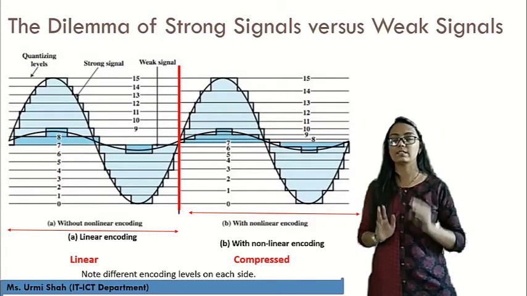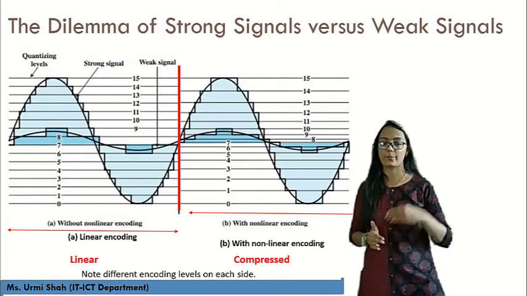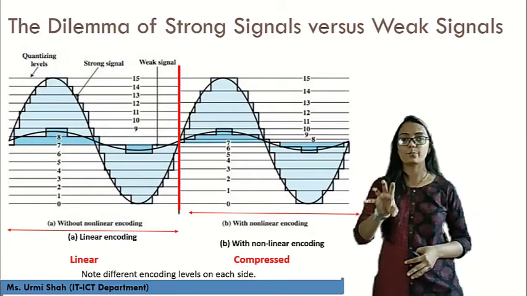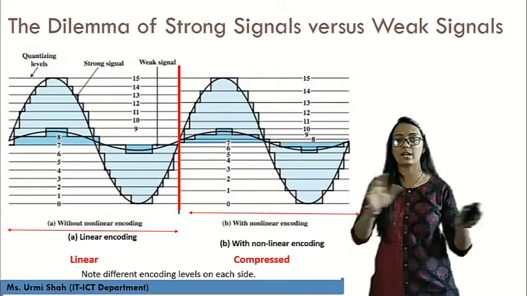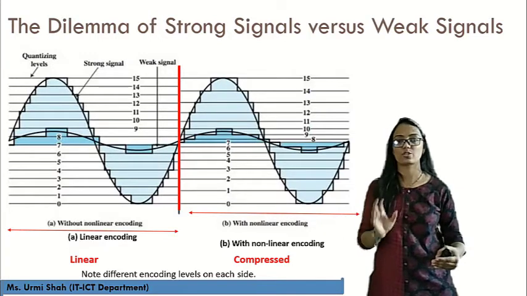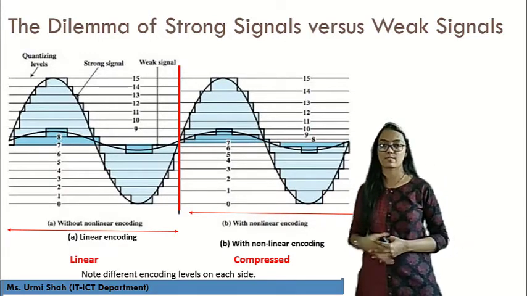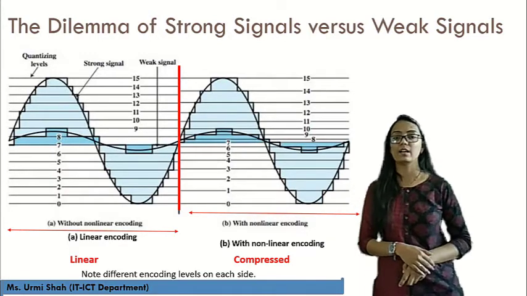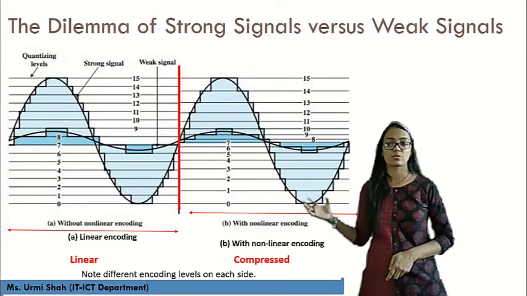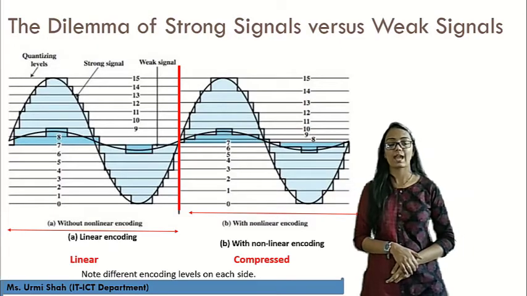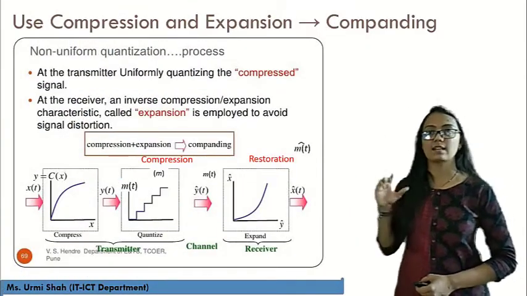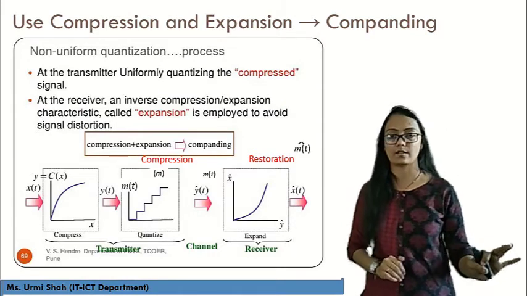So this is the reason why we are moving towards compression of the signal, because it is going to be kept in a compressed form. It won't be changed by other environmental factors like noise, distortion or attenuation processes. So this compression process can be achieved using the following two processes, that is compression and expansion.